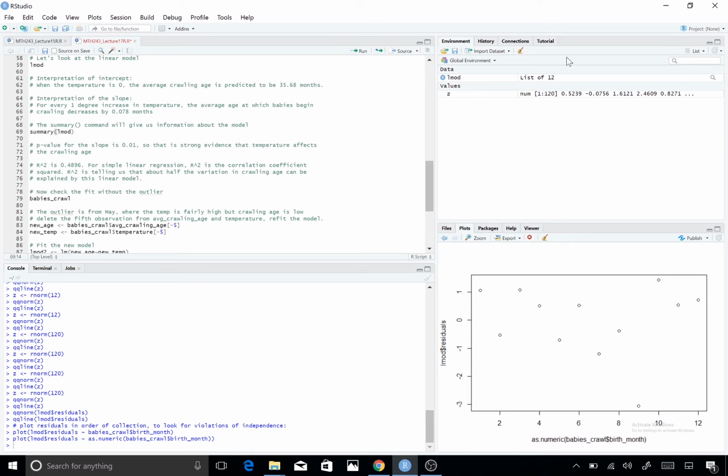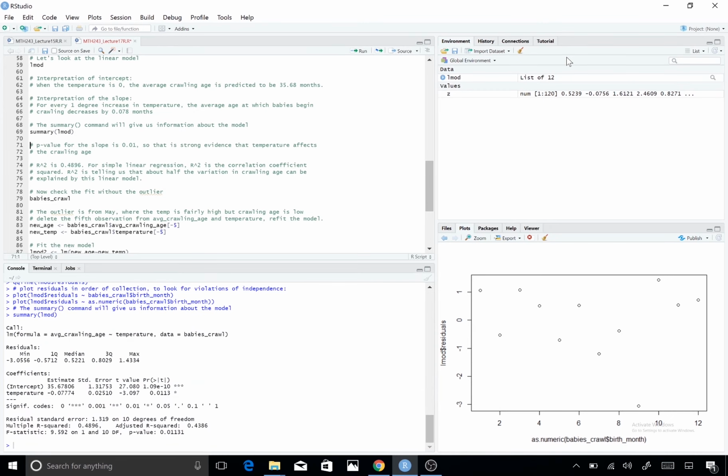The summary command will give us more information. These are the estimates of the intercept and slope. Then we have the standard errors, t-statistics, and this last column is the p-values. The null hypothesis is that the slope parameter is 0.